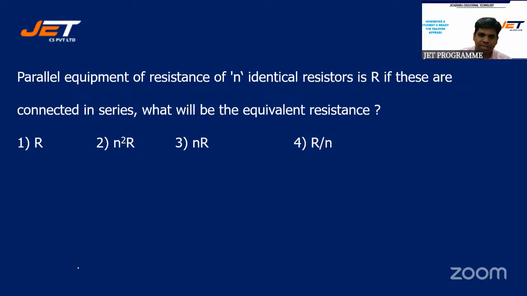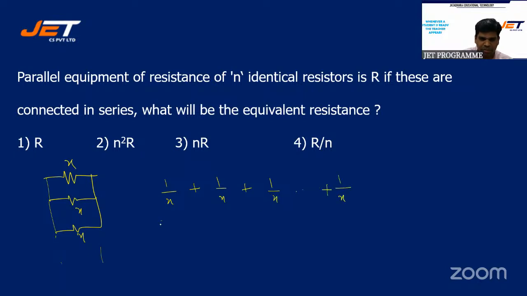Alright, so let each resistance be X. There are n such resistors. So 1 by x plus 1 by x plus 1 by x and so on, n terms, is equal to 1 by r.